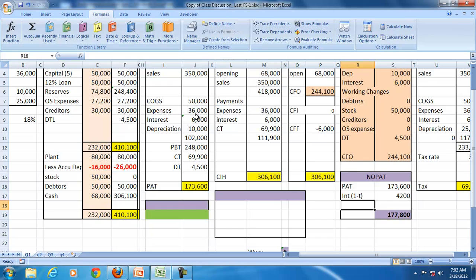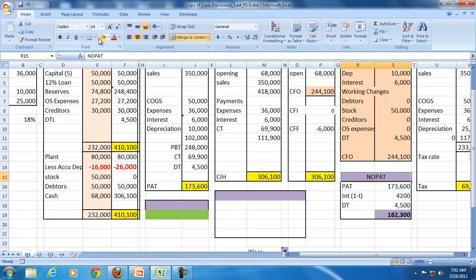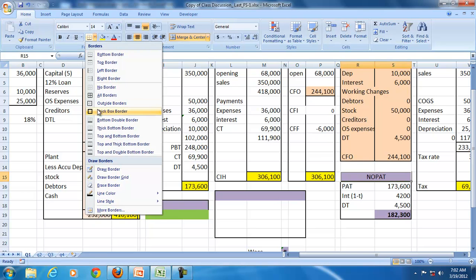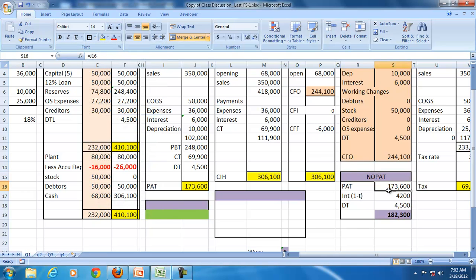Then we add back the deferred tax, because the EVA calculation recognizes only the current tax, not the deferred tax. So NOPAT is the unlevered profit of the firm without accounting adjustments like deferred tax, which is 183,300.